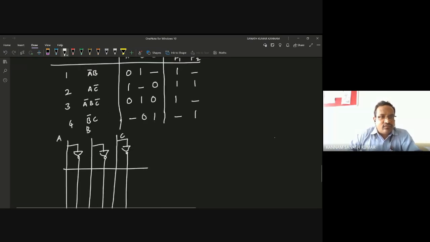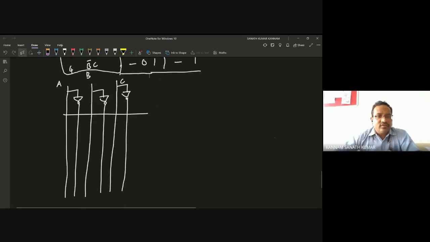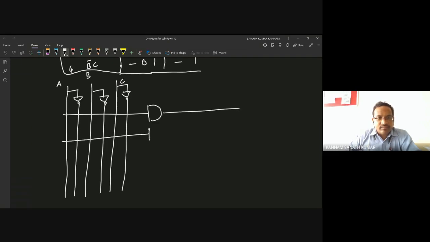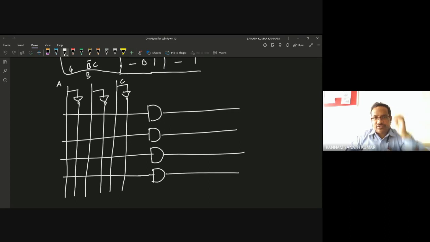In total, you have 4 product terms. So 4 product terms means you need how many AND gates? You need 4 AND gates. So I can draw the 4 AND gates. First of all, you draw the 4 AND gates. Next you need to program this.